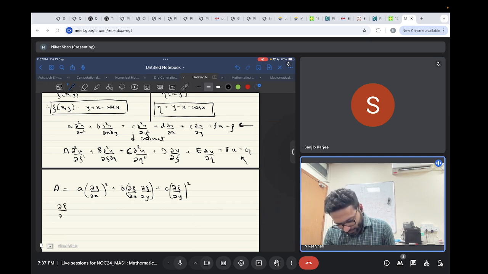Del zeta by del x is equal to plus sin x. Del zeta by del y is equal to 1.